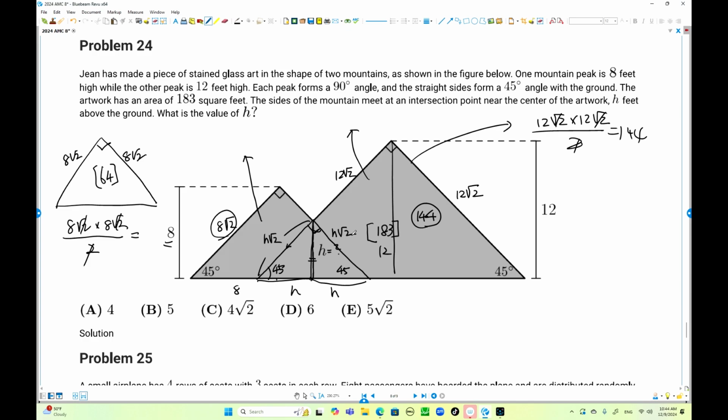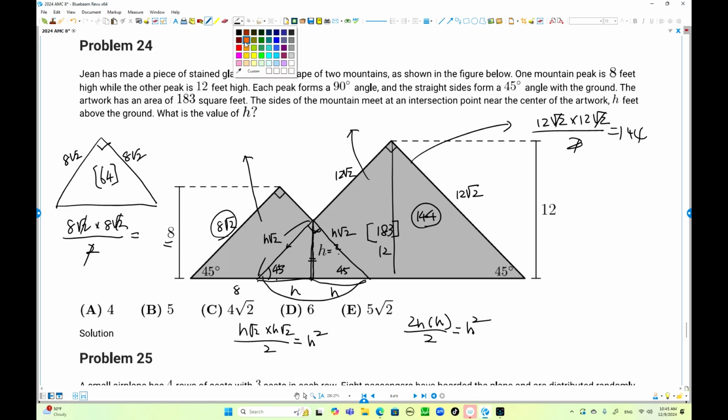H square root 2 times H square root 2 over 2 equals what? H squared, right? Or you can take the base as 2H, height is H, and divided by 2, still H squared, right? So this H squared is here. This one is 64. This one is 144.